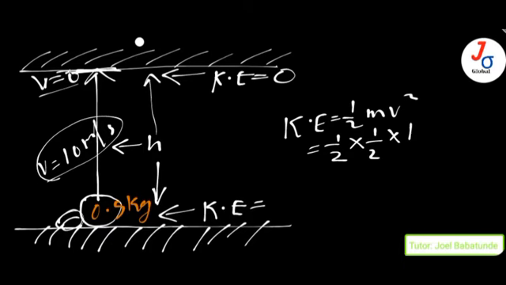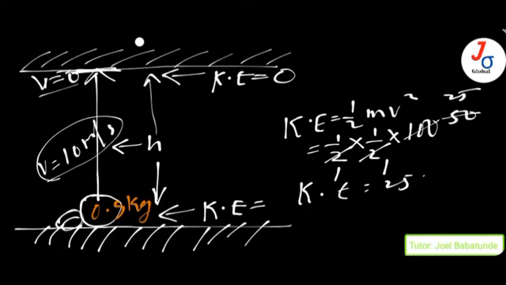So 2 into 100 is 50, and 2 into 50 is 25. So the kinetic energy is equal to 25 joules. That is the kinetic energy at that point.